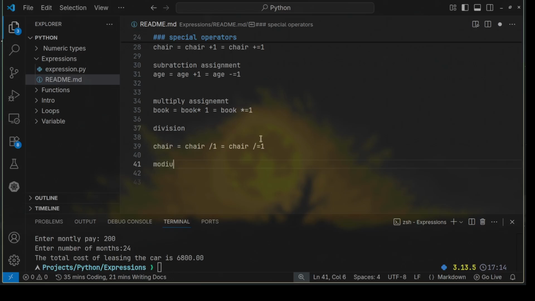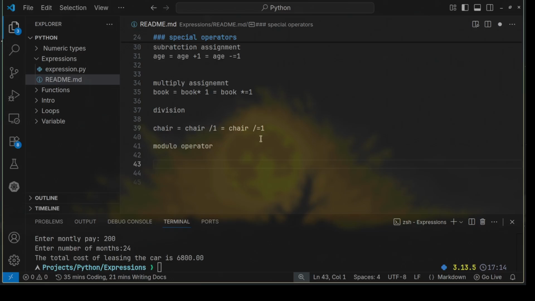There's something called the modulo operator. We'll cover this as we go along. So here I'll go back to age equals to age modulo 1.